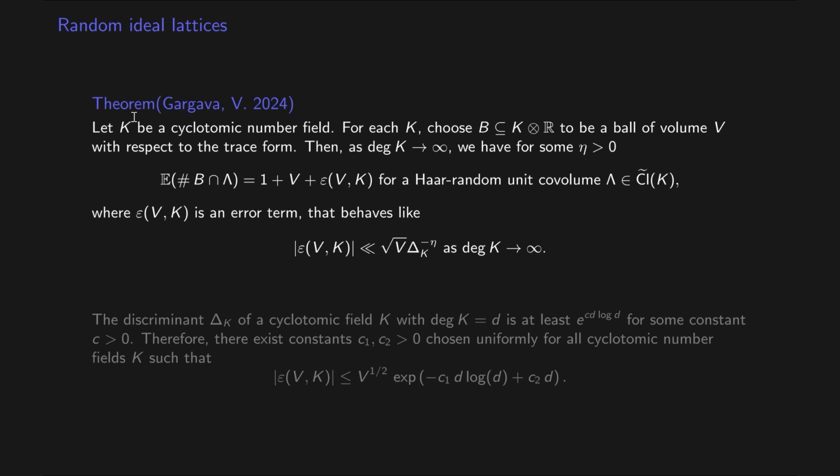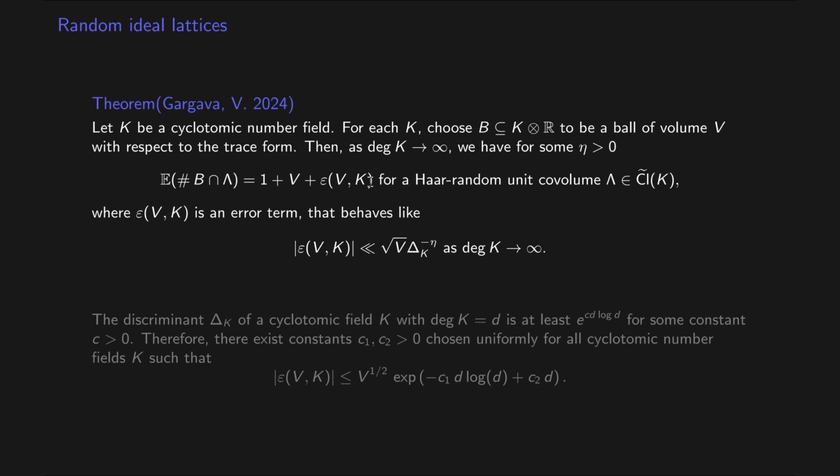So what we have proven is that if K is a cyclotomic field and B is a ball inside of the Minkowski space, and the volume of this ball is big enough, then as the degree of the cyclotomic field goes to infinity, the expected number of lattice points of an ideal lattice inside of this ball will be essentially equal to 1 plus the volume of the ball plus an error term.